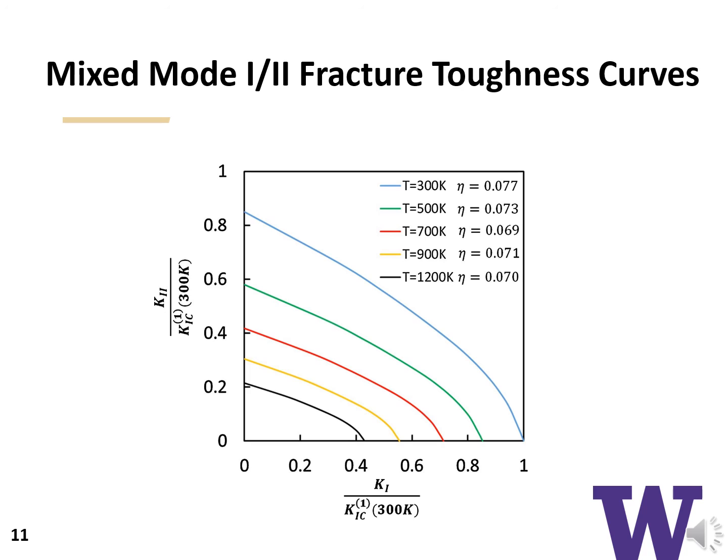It is seen that as the ambient temperature increases, the mixed mode fracture toughness decreases. It is also evident that the temperature dependency of the mixed mode fracture toughness is maximized at pure Mode 2 and minimized at pure Mode 1. You can see 57% and 75% reduction at pure Mode 1 and pure Mode 2, respectively, from 300 Kelvin to 1200 Kelvin.